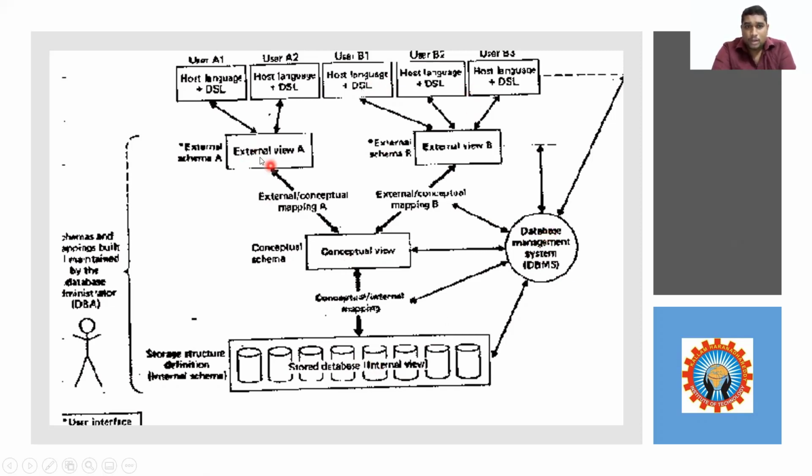Okay, so here in conceptual view, the data is stored in which format? Table format. So here the data is stored in table format and maintained by a person called the database administrator, called DBA.